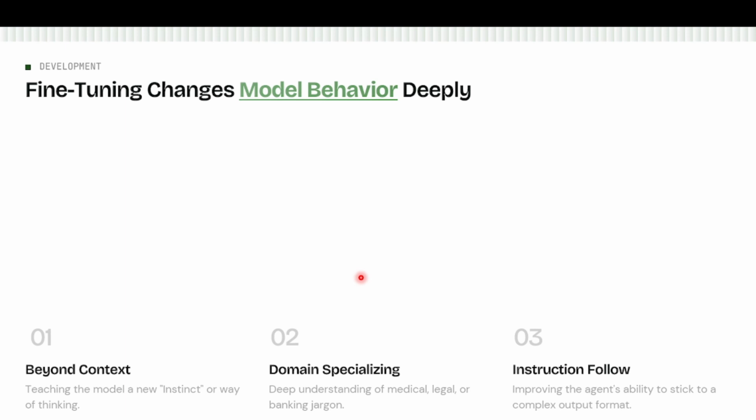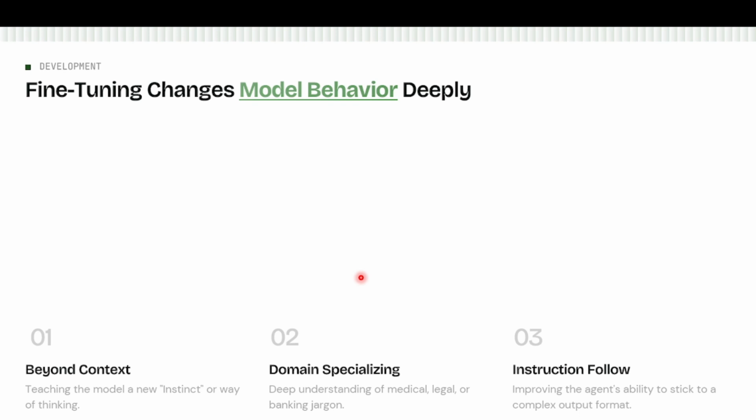Okay, fine-tuning changes model behavior deeply. We've talked about fine-tuning, that it helps you achieve maximum correctness from an agentic AI system or even AI design. So fine-tuning changes model behavior deeply in the following ways. The first one is beyond context. It teaches the model a new instinct or way of thinking. So fine-tuning is teaching the agent to behave in a particular way.